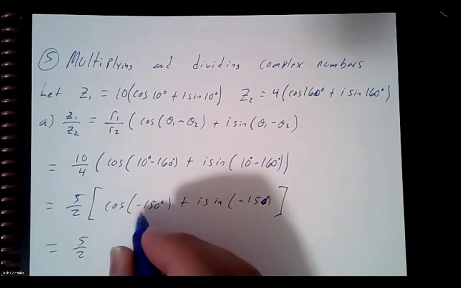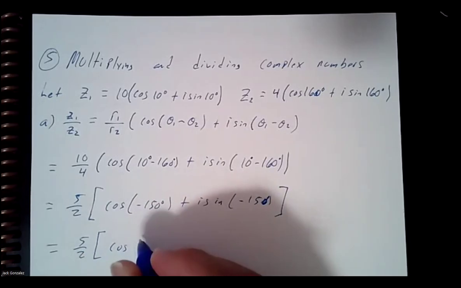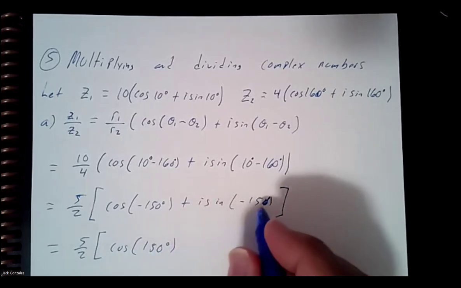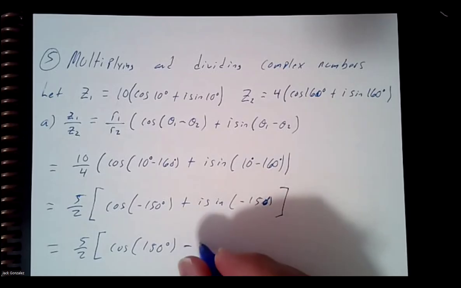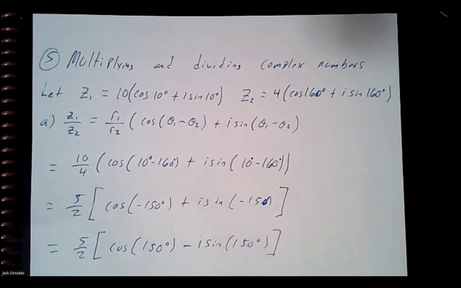That'll be negatives are absorbed by cosine because it's even. So it's just the same as this. This negative comes out in front. That's the odd property. And that's it. There we go.